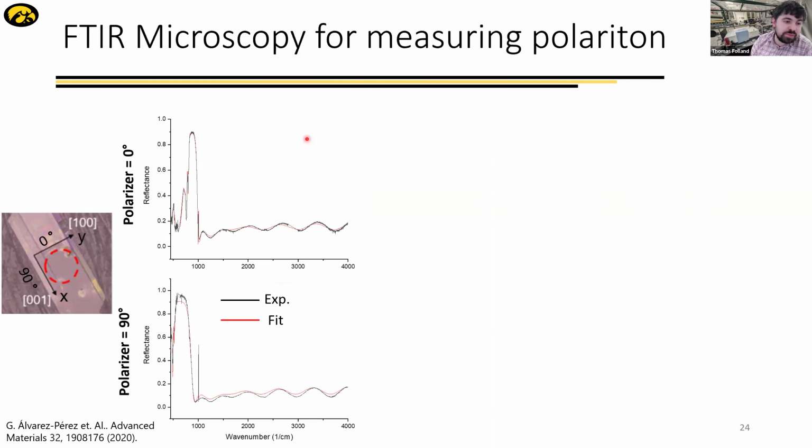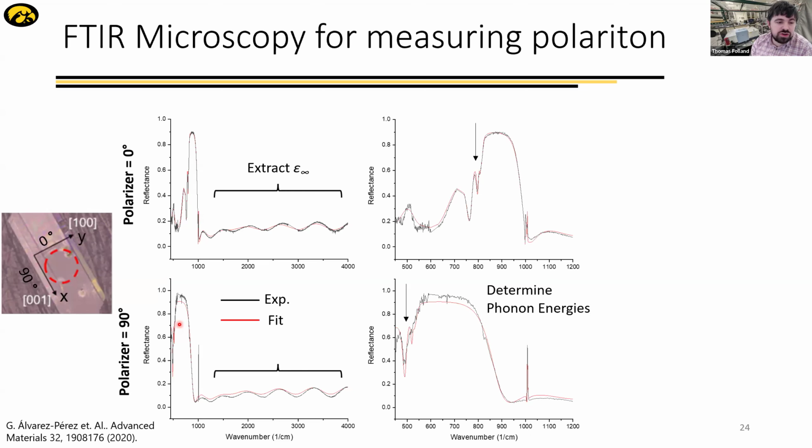So specifically for the case of molybdenum trioxide, this is what we did a number of years ago. We can measure 2 Reststrahlen bands from the 2 different polar phonons of this material. Using the fringes we see in our spectrum, this tells us information about epsilon infinity, aka just the visible refractive index.